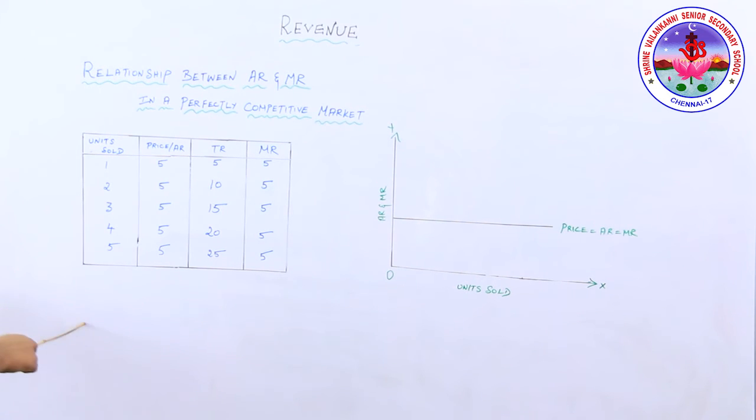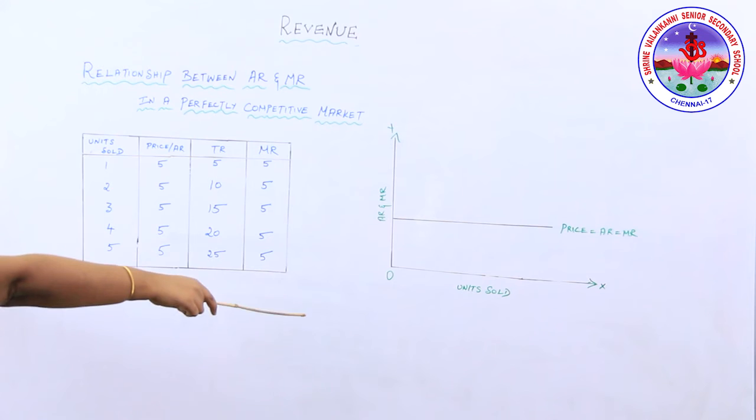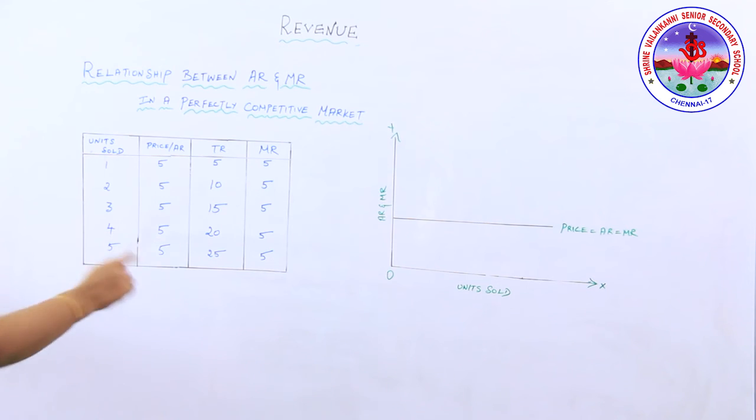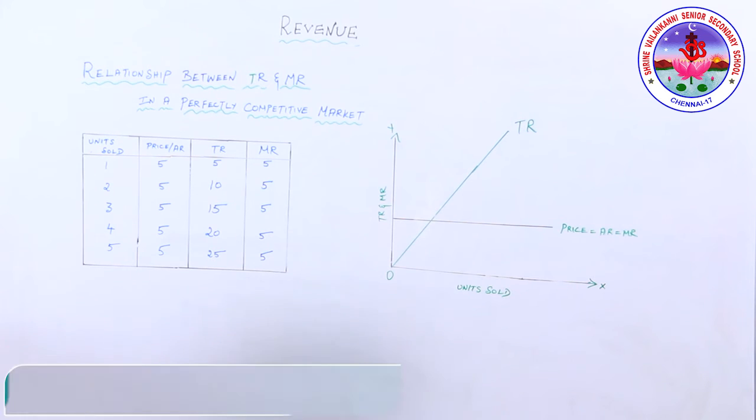So in the schedule as well as in the diagram, the price, that is the average revenue, remains the same at all levels of output, and it is equivalent to the MR. The demand curve, that is the AR curve, is perfectly elastic.